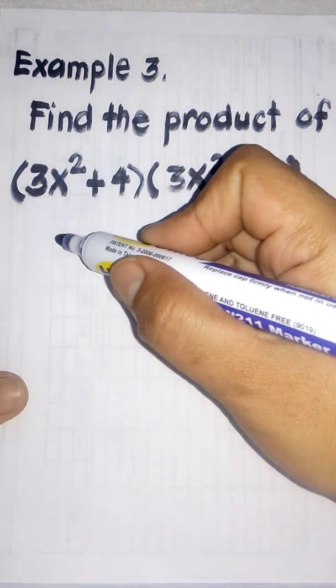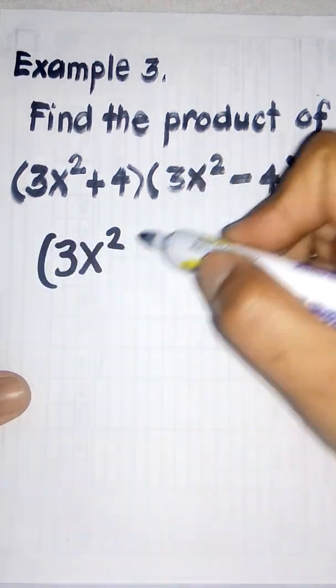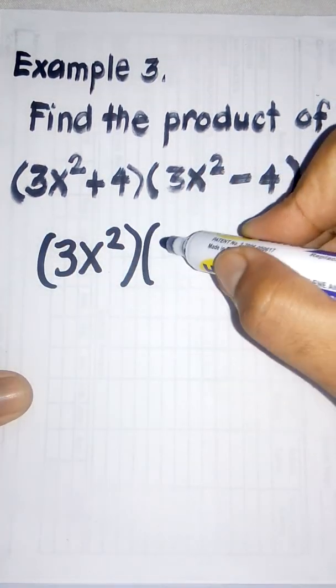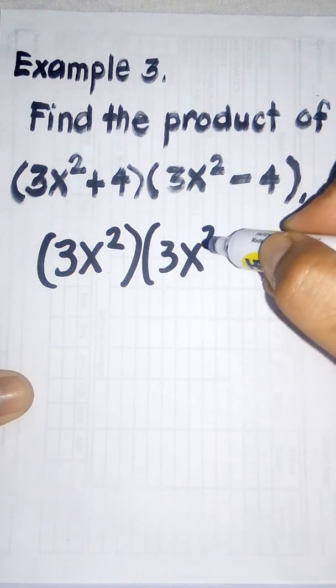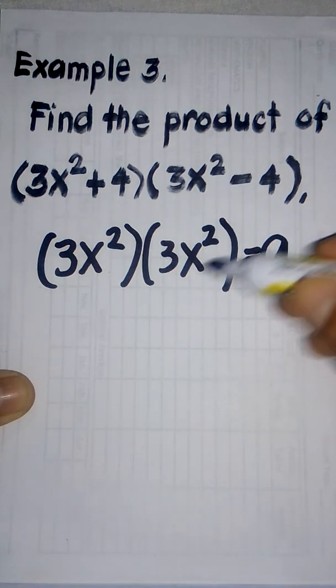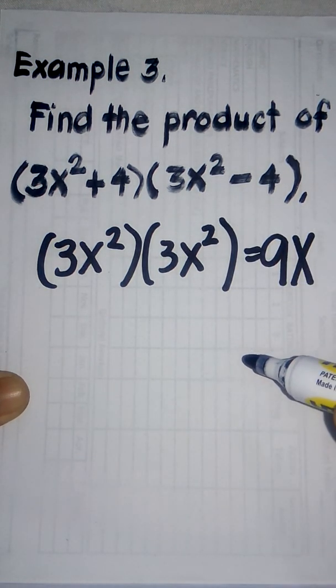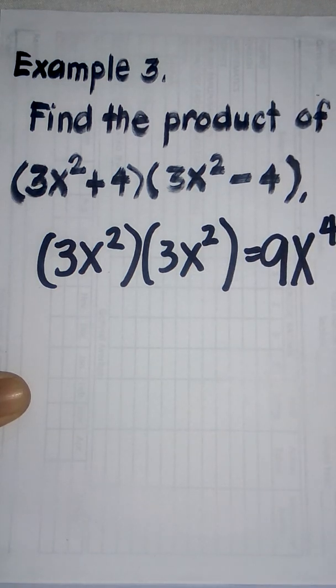So get the square of the first term, that's 3x squared, multiplied by itself, 3x squared. So 3 times 3 is equal to 9. Then copy the variable x. As I said a while ago, you have to add the exponents. 2 plus 2 is equal to 4.